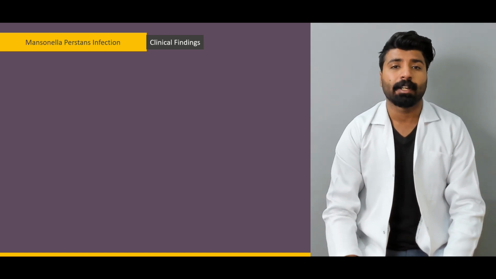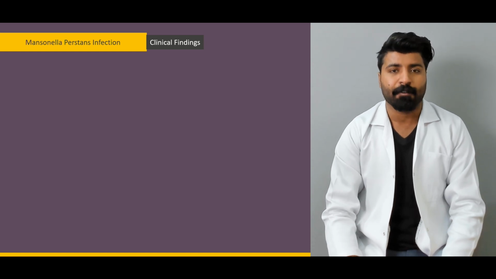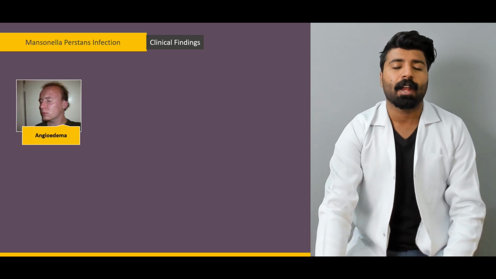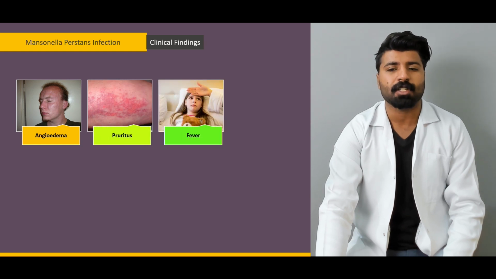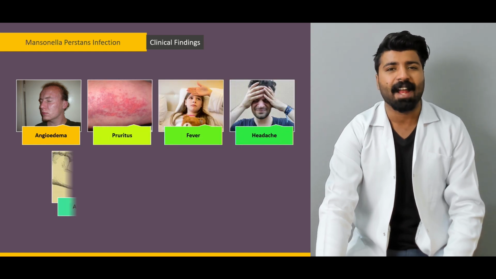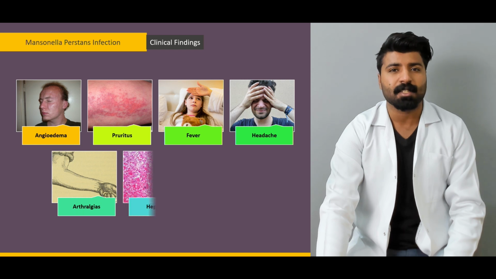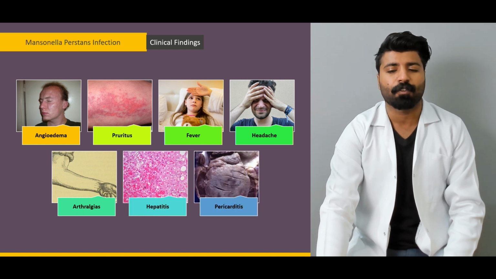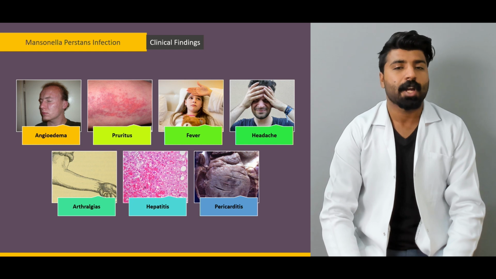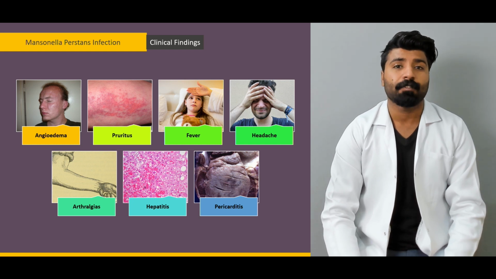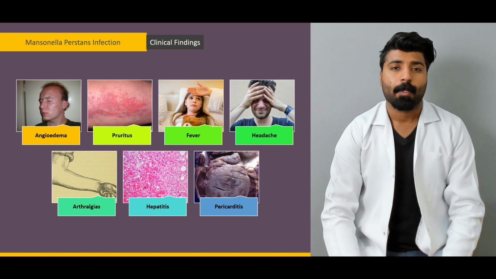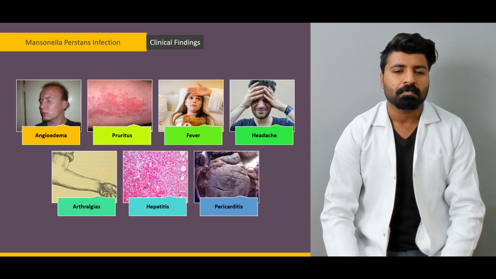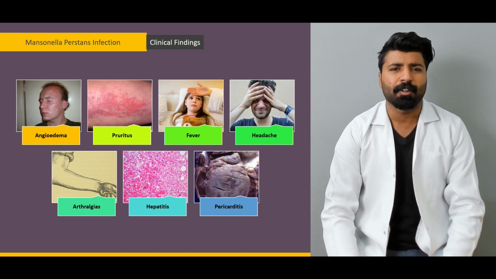But what clinical findings you look for in a patient which is suffering from Mansonella perstans infections? You look for angioedema again, you look for pruritus, you look for fever, you look for headache, you look for arthralgias, you look for hepatitis, you look for pericarditis. Now, I told you it's an infection of what? Cavities, right? So, abdominal cavity being affected will lead to what? Abdominal cramps, abdominal discomfort.